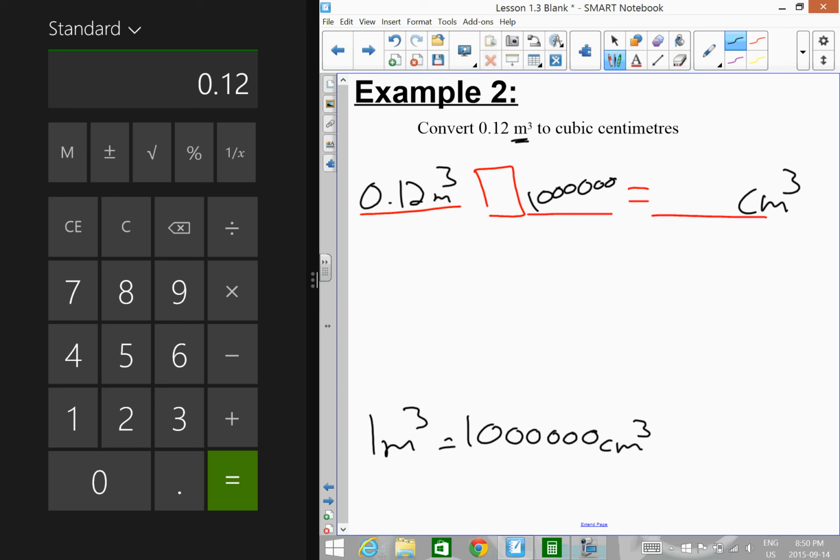So I'm changing into the smaller one, which means I'm going to multiply. 0.12 times 1 million, 6 zeros. That's going to give me, just like we had in the last question, 120,000 centimeters cubed. That's our answer.